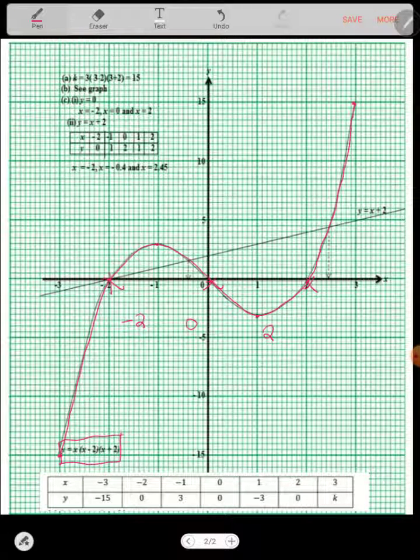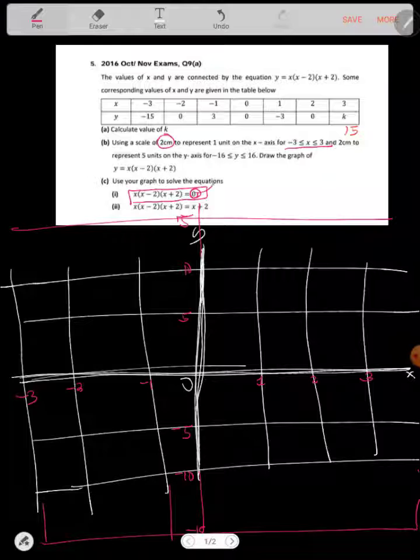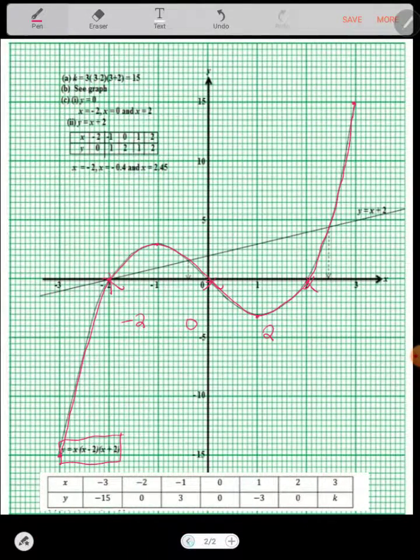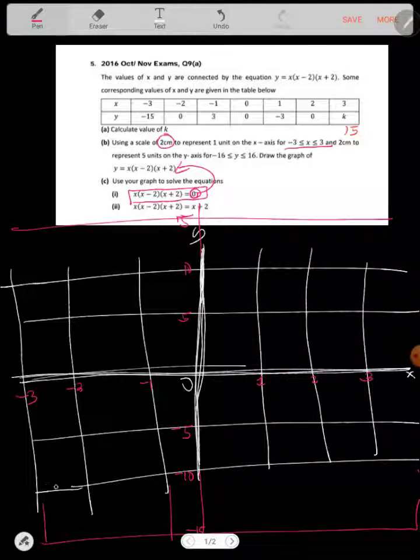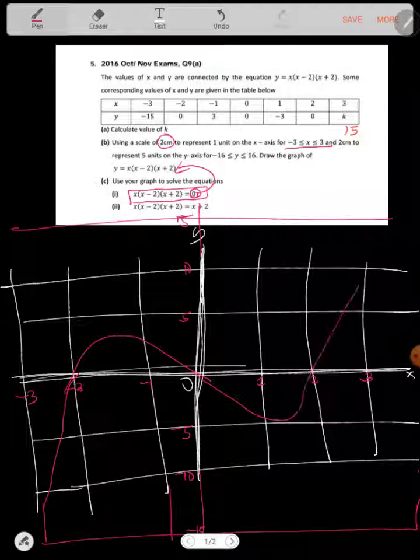It's 2. So the answers for this part, which is just the original equation, I'm sure you can see. We're just finding the value of x where the curve is cutting the x-axis. It was touching there, there, and there.